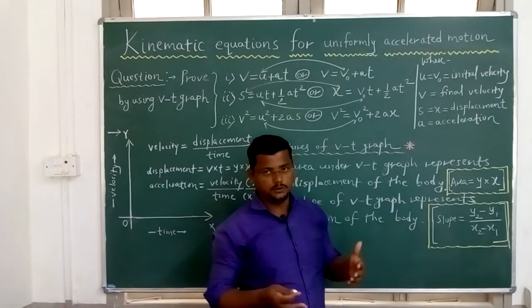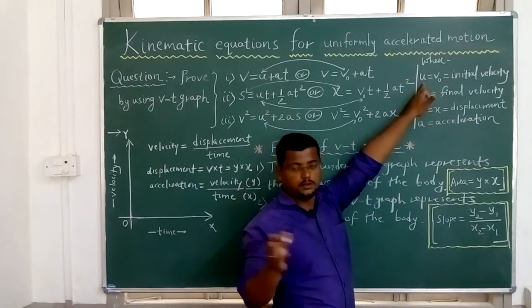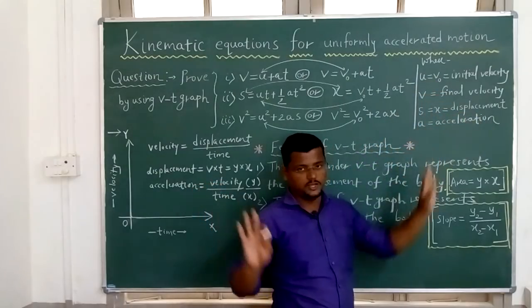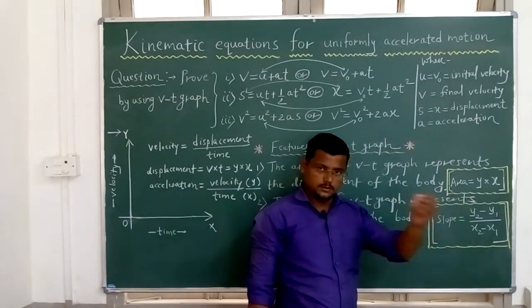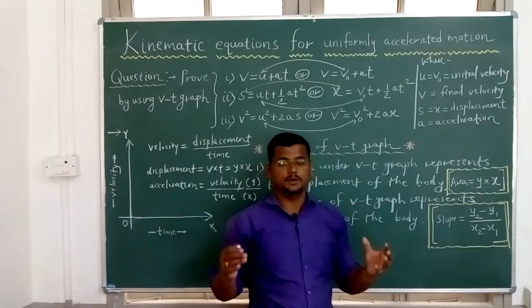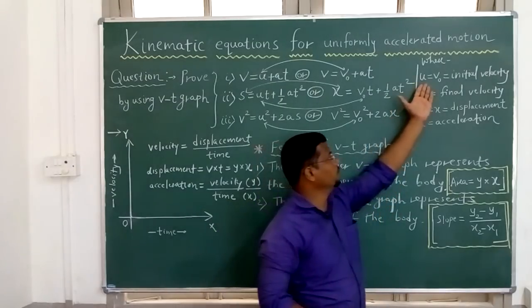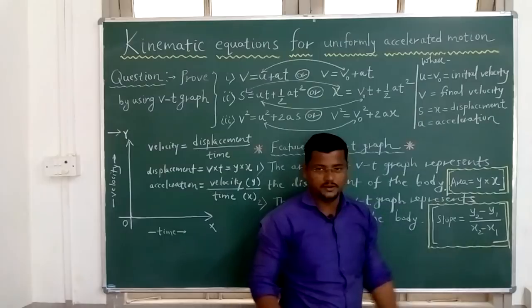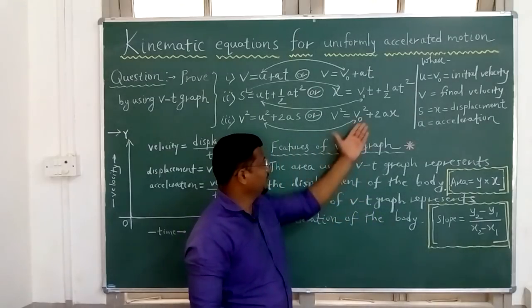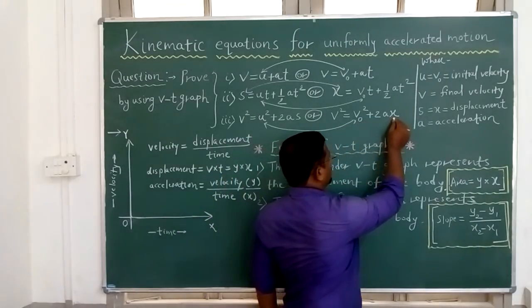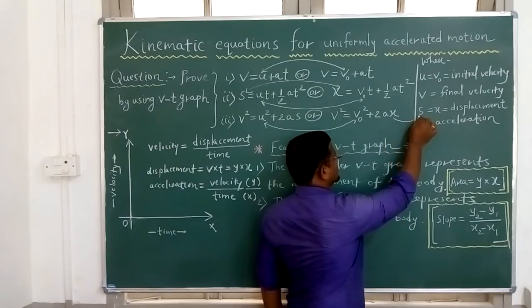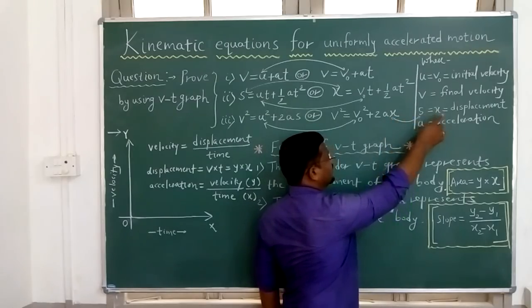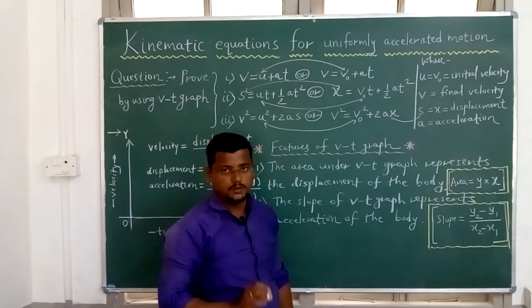If you are comfortable with U, you can use U. If you want V0, you can use V0 as per your decision. As per your comfort, you use either U or V0 for representing initial velocity. And A is acceleration. And instead of writing X, I can write S here because both are nothing but the displacements only.